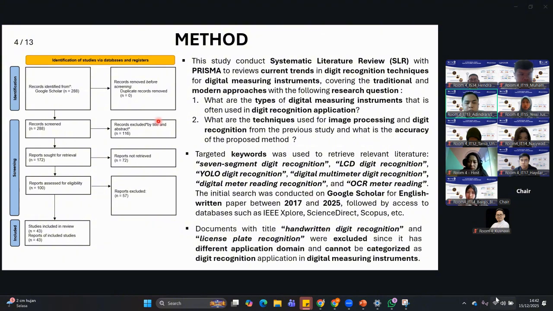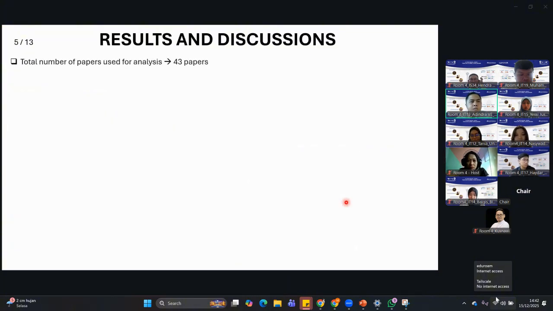Then for the exclusion, documents with titles like handwritten digit recognition and license plate recognition were excluded because these are different application domains and cannot be categorized as applications for digital measuring instruments. And these are the findings.